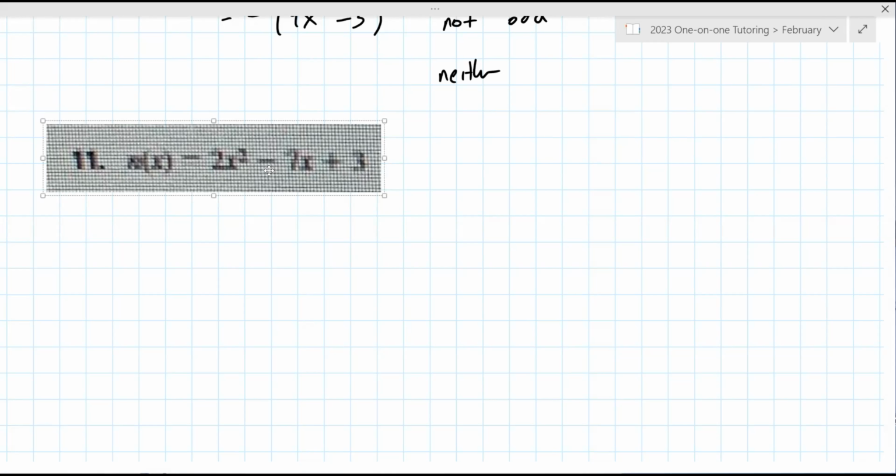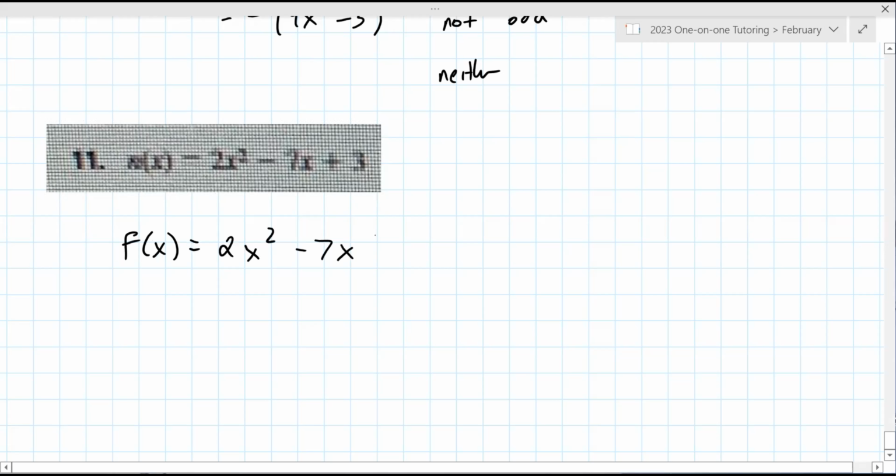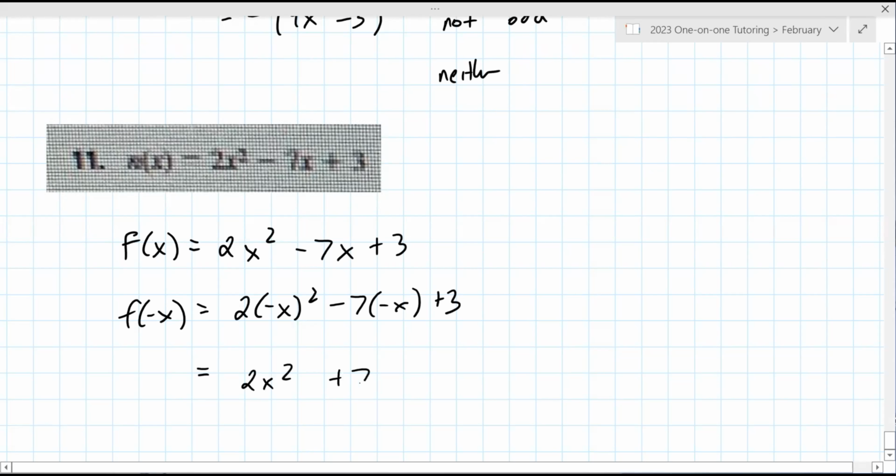Sorry about that. Then f of negative x equals 2 times negative x squared minus 7 times negative x plus 3, which is 2x squared plus 7x plus 3. So that's not the same as the first one. That's right, so it's not even.